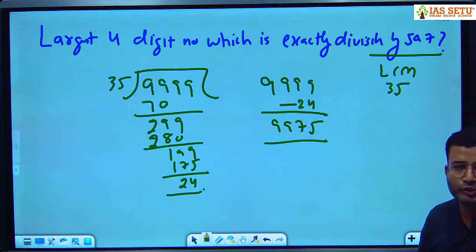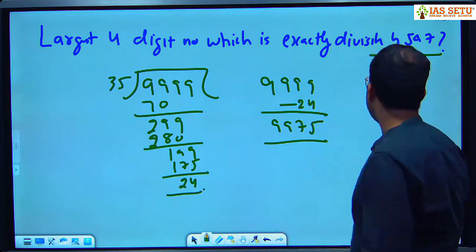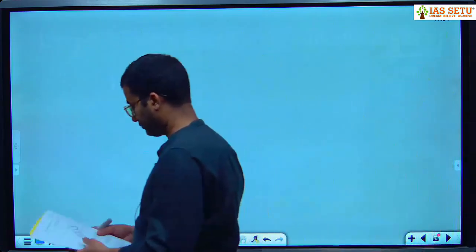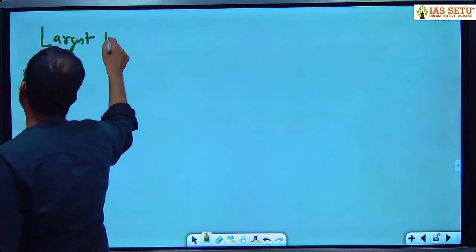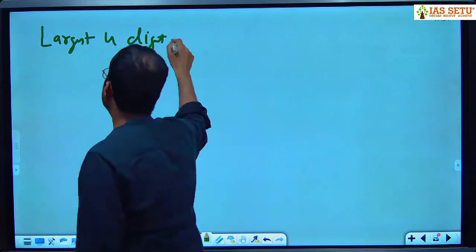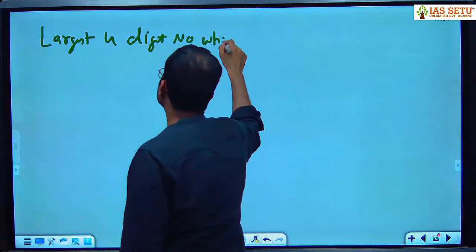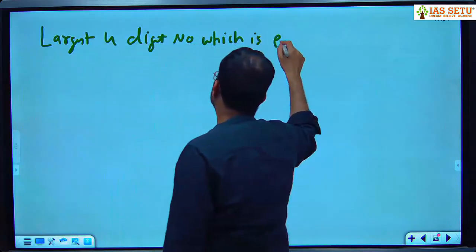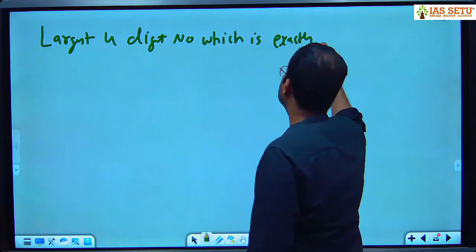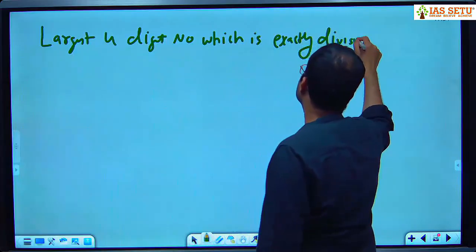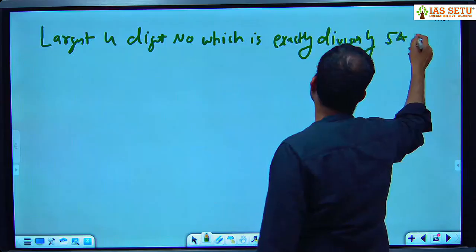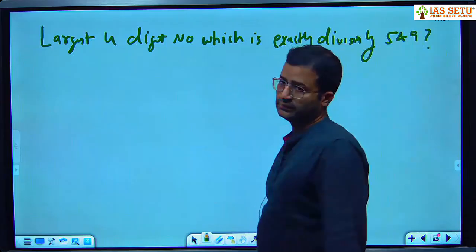Let us practice 2 more questions. You try. My question to you: largest 4-digit number which is exactly divisible by 5 and 9.